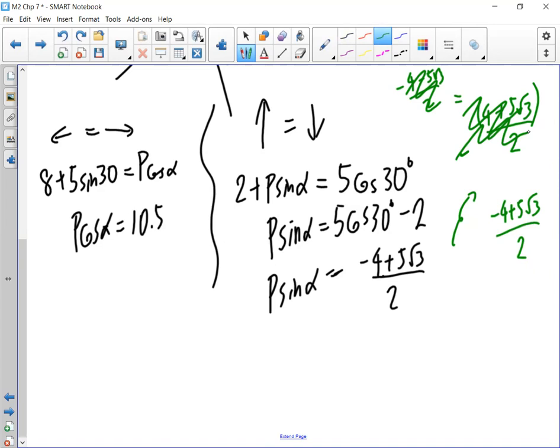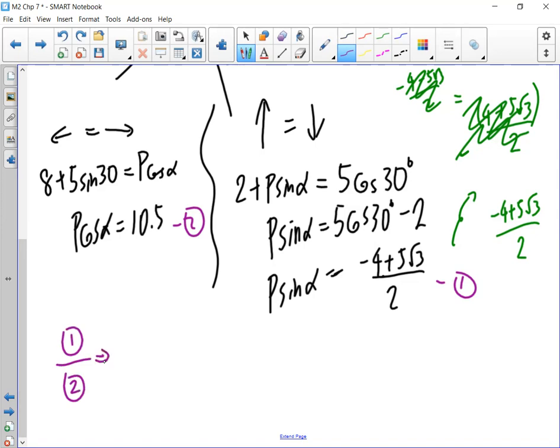Right. Next, why do I make p sine alpha the subject instead of p the subject? The reason is I can see the left-hand side has p cos alpha and the right-hand side has p sine alpha. If you recall trigonometry, sine over cos makes tan alpha. So I'm going to call this equation 1 and equation 2, and then do equation 1 divided by equation 2.